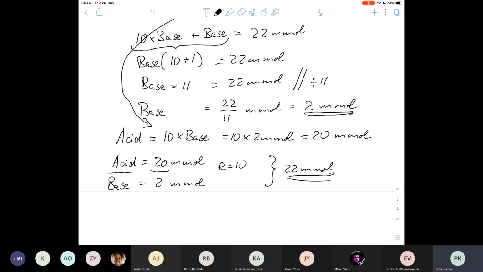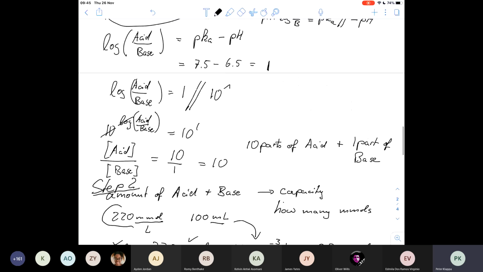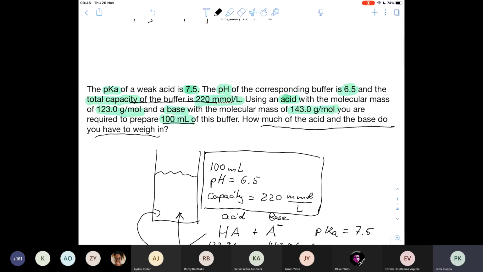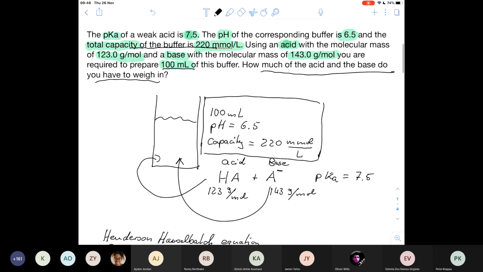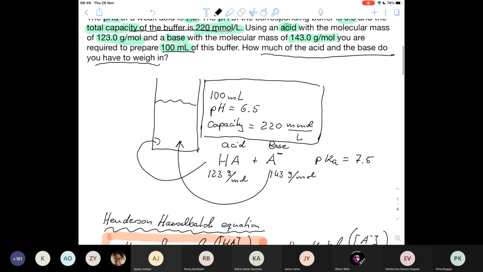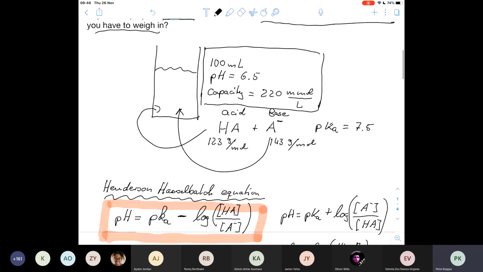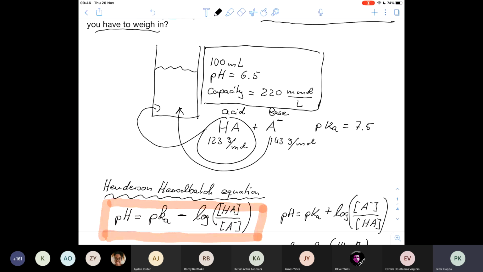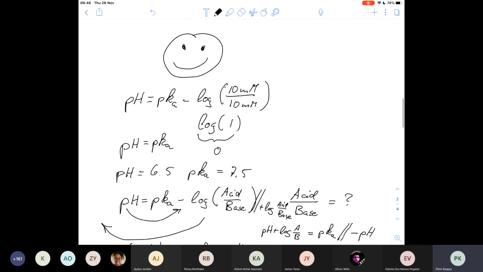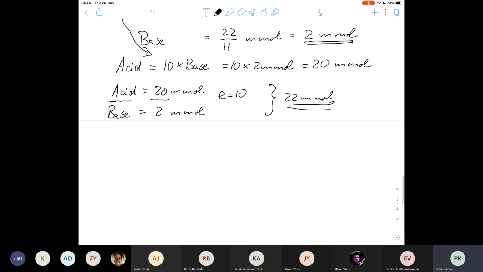Now, we need 20 millimole and 2 millimole respectively. So what is that in grams? And we said the acid is 123 grams per mole and the base is 143 grams per mole. Let's see if I can remember that.